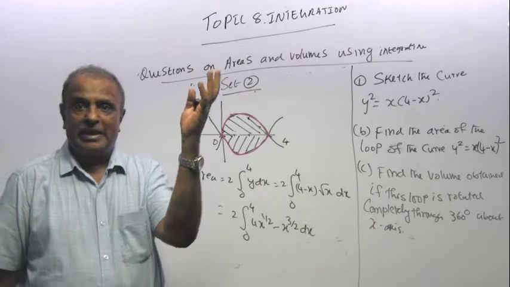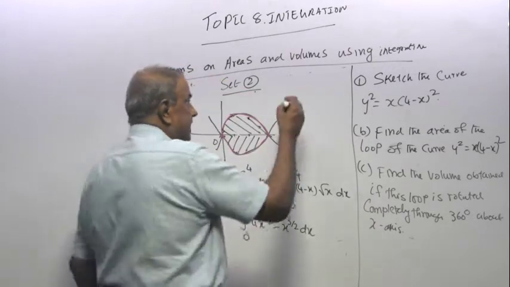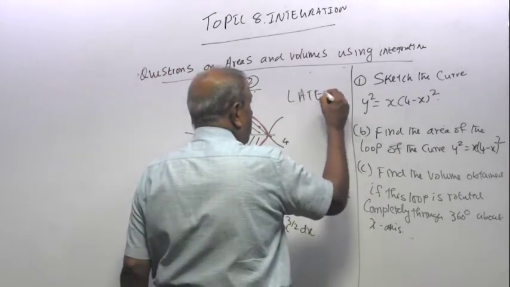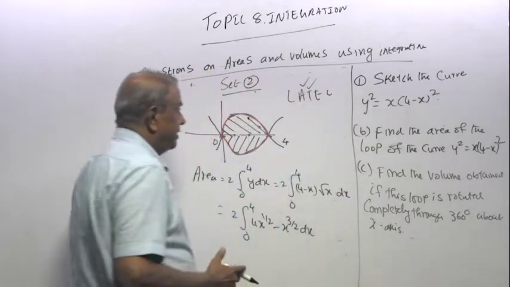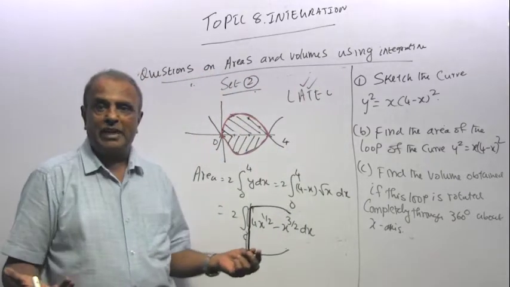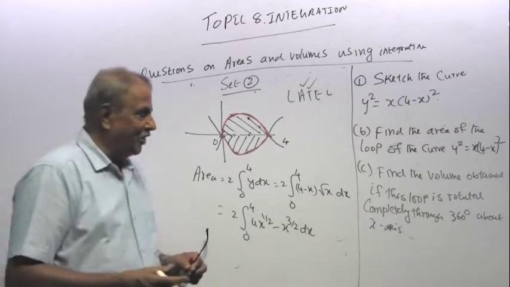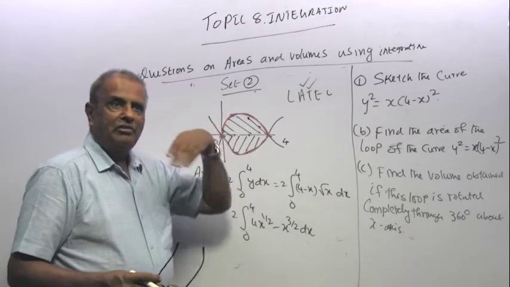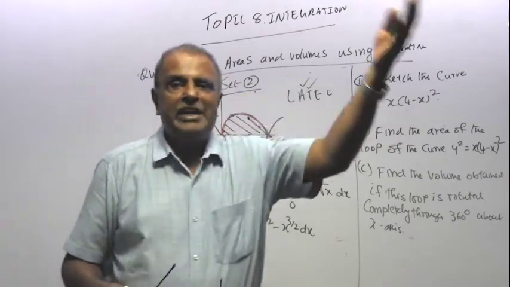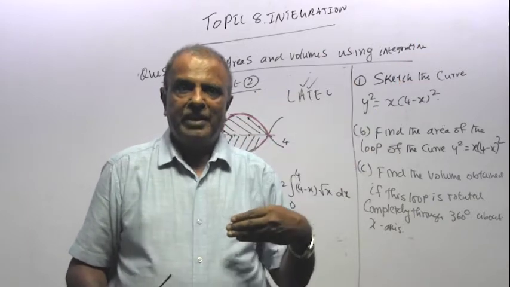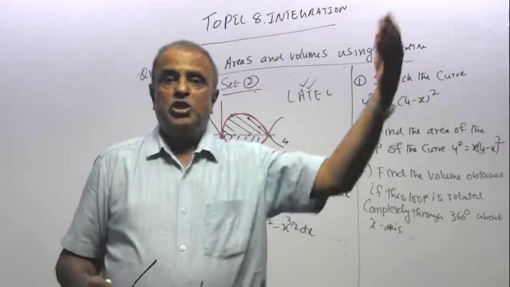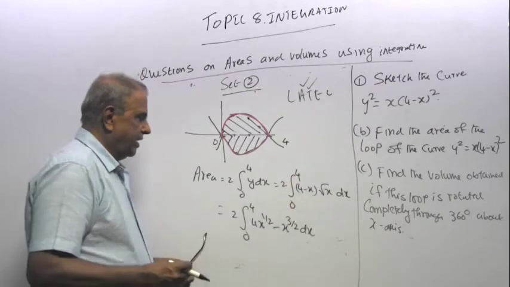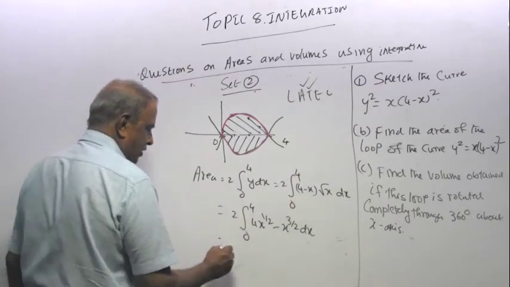LATE does not work here because if I write LATE, both are algebraic. Which comes first, which comes next? Boom, you don't know. So there you use common sense. Whichever vanishes or becomes less in power as you differentiate should be u. I could do that, but it's a straightforward question, so I could do it this way.